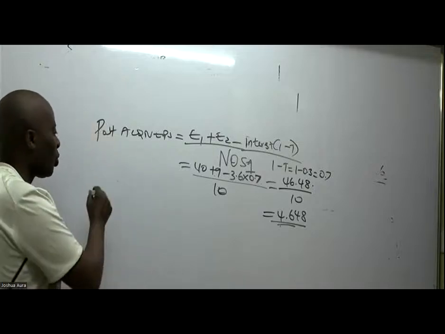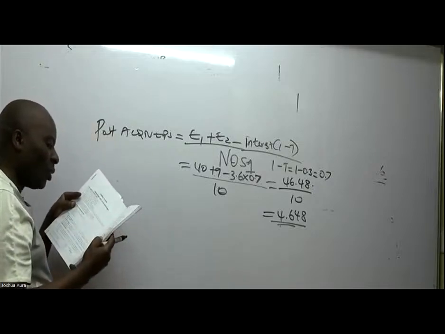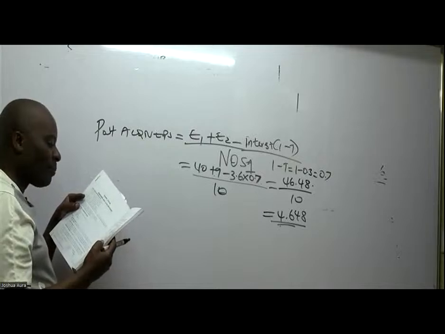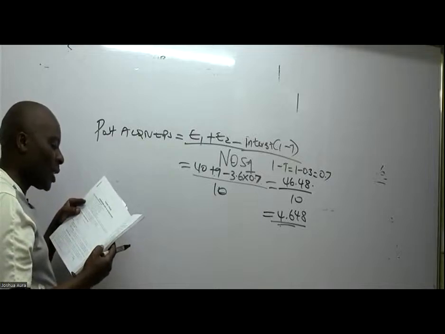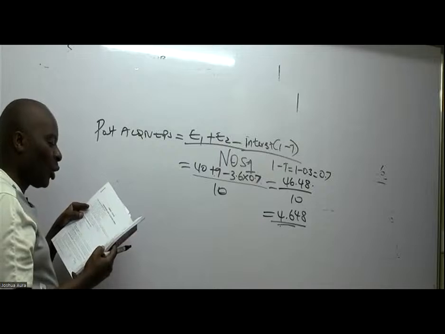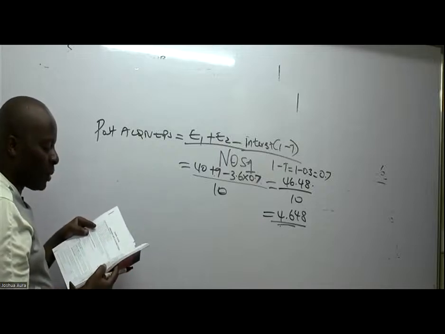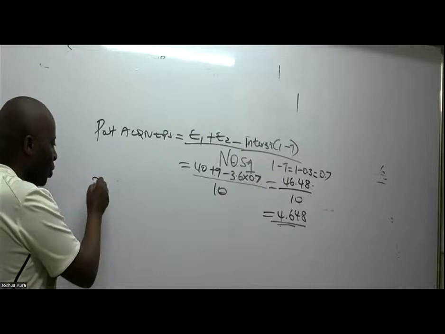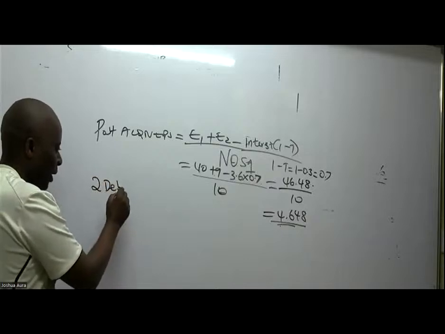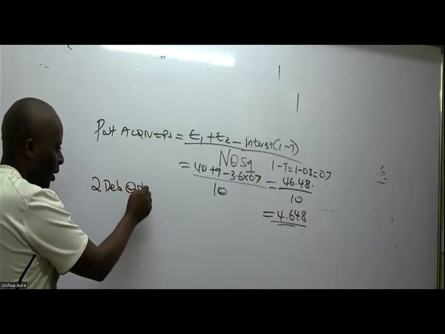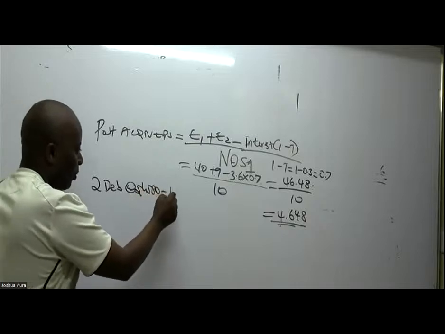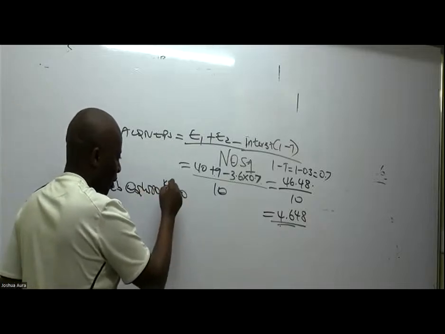Remember, they were giving us 100 ordinary shares and we were giving them 12% debentures of 500 par value. So we were giving them two debentures, and each debenture is 500. This is how we were able to get 1,000 Kenya shillings.